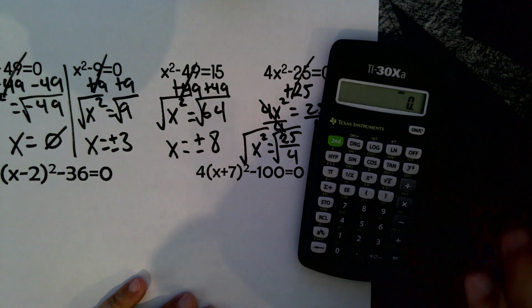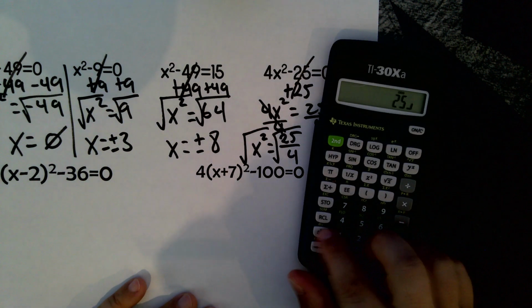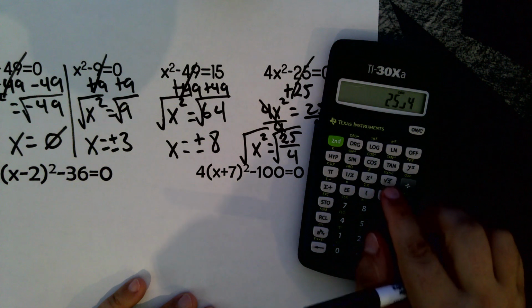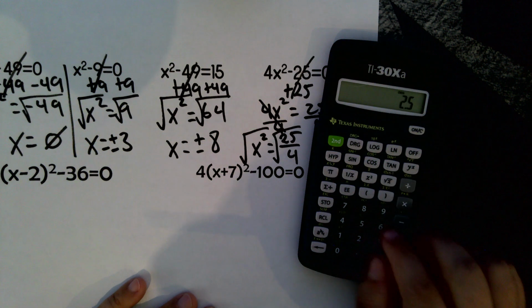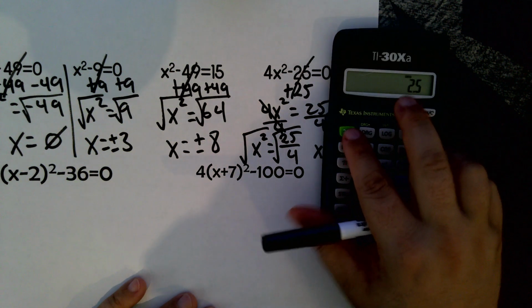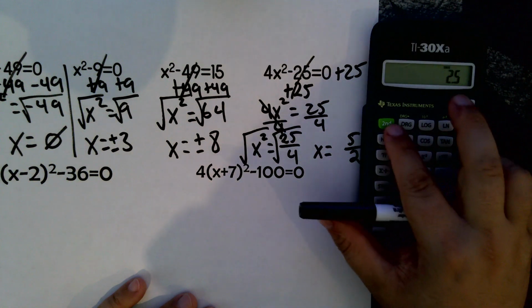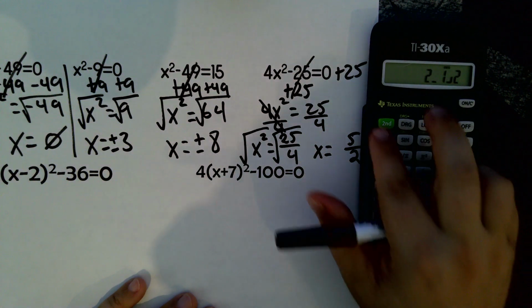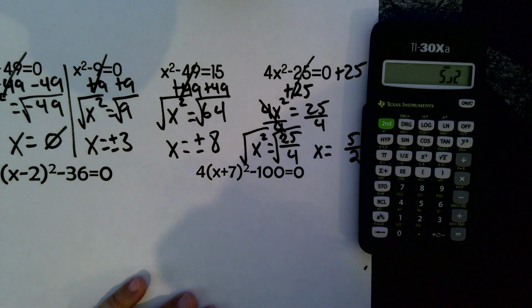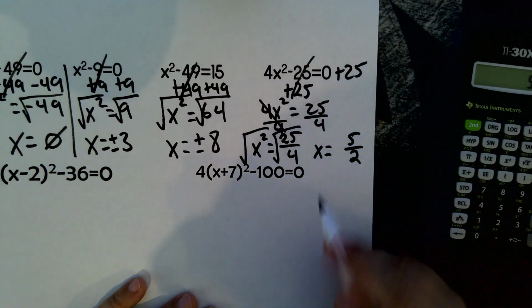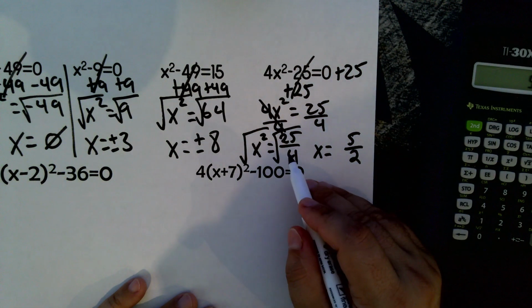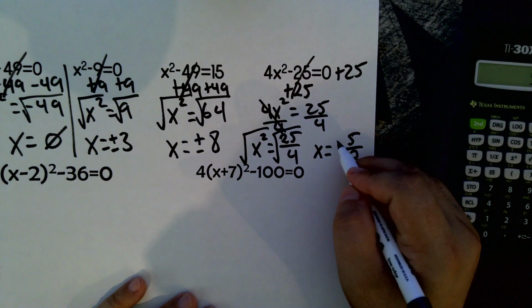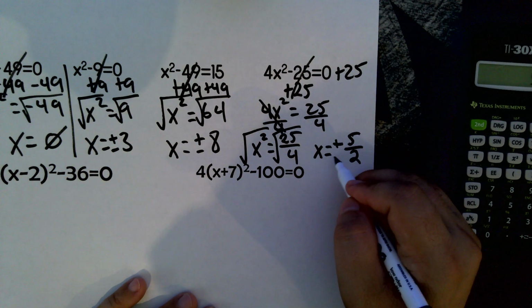So let's see what happens. I'm going to do 25 over 4, and I'm going to hit the square root. So 2.5, which is the same as 5 over 2. Now, one more thing, we took the square root of both sides and it had a variable involved, so we need to make sure this is a plus or minus.